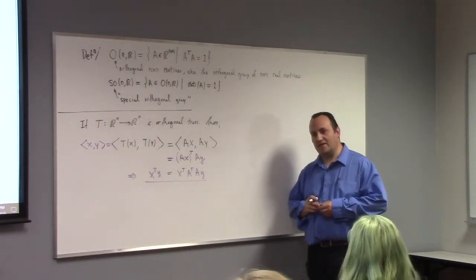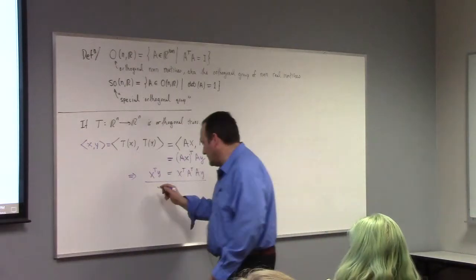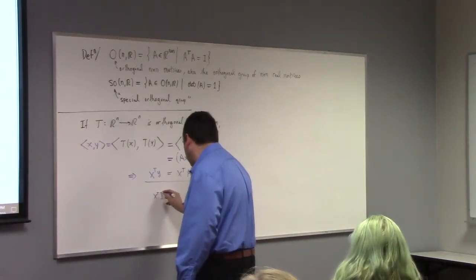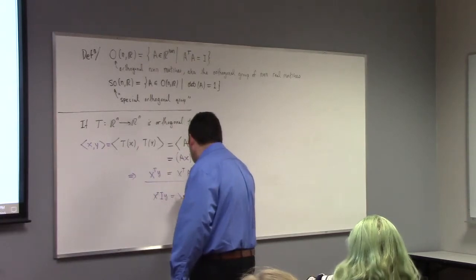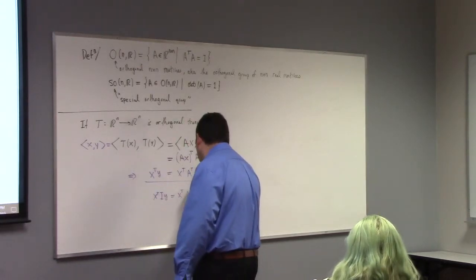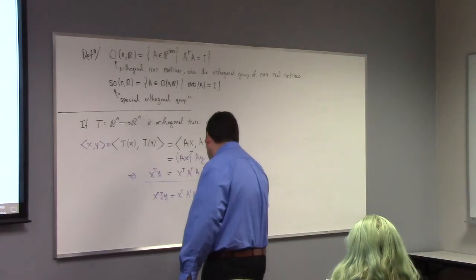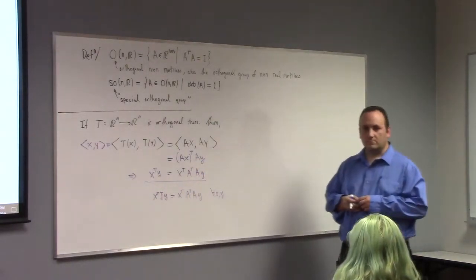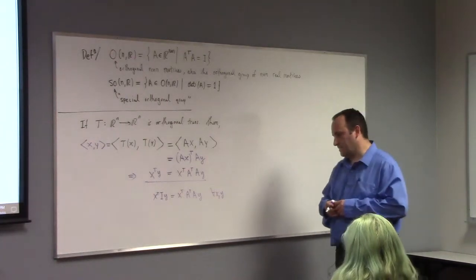So if you use your imagination, you can see that this says x transpose times the identity matrix times y is equal to x transpose A transpose A times y for all x and y. And that says what?